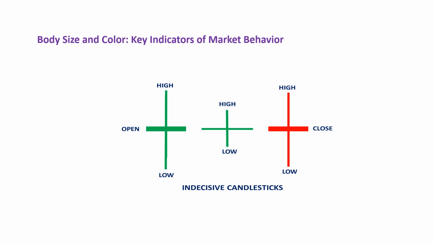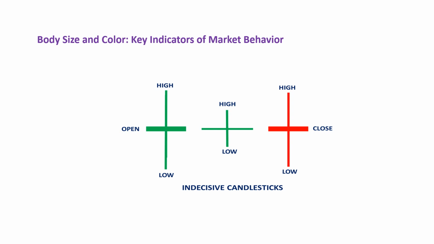The length of the upper and lower shadows can vary, but they are usually longer than the real body. The upper and lower shadows represent the high and low prices of the day.